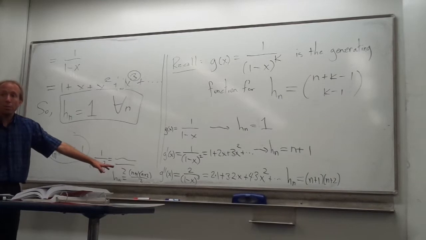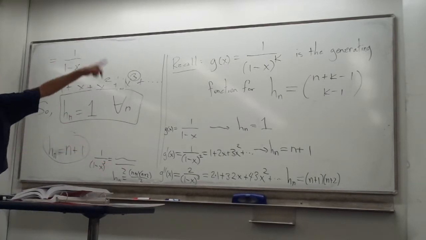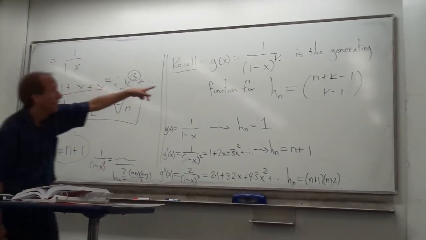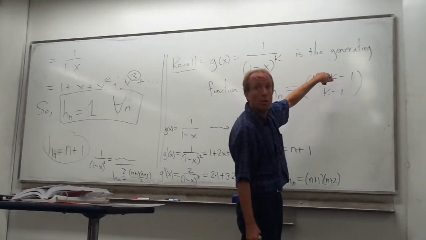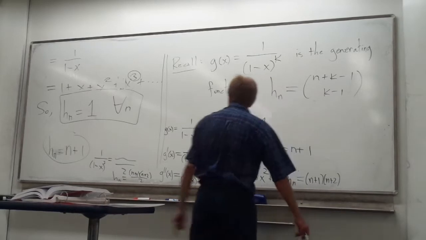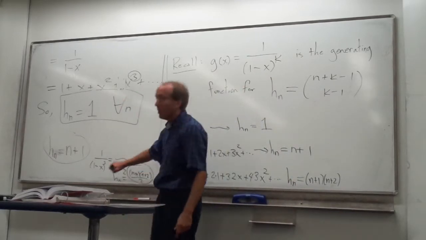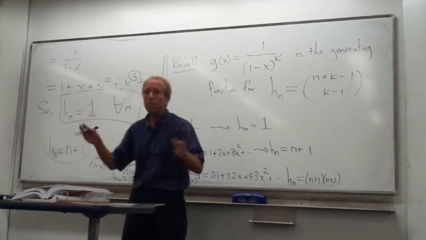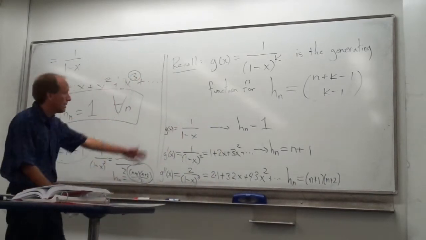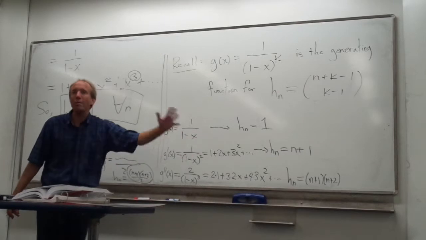And that's what you get if you plug in k equals 3 over there. What do you get? You get n plus 2 choose 2, which is exactly that number. So you can just keep deriving by taking more and more derivatives.